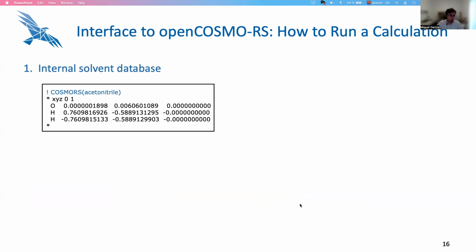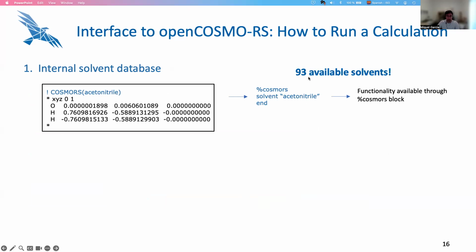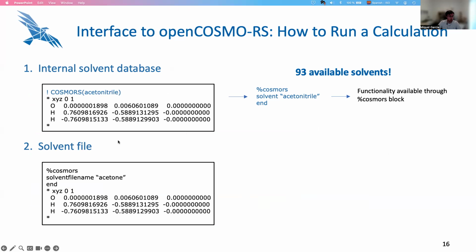How do we run a calculation with COSMO? So the easiest way is to use the internal database of solvents that we have in ORCA. So we would just write COSMO and the solvent, and the geometry of the solute would be also provided. We can also do the same via the COSMO block. There are 93 available solvents. Another strategy would be to provide our own structure for the solvent, so we can use anything we want.